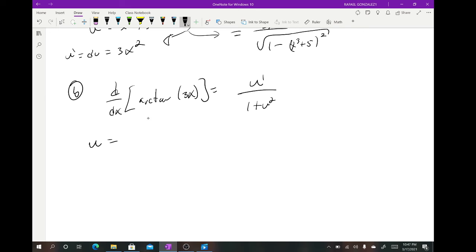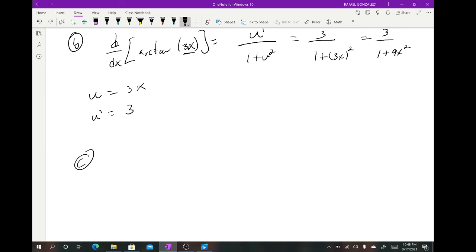Now, u here is 3x. U prime, the derivative of 3x, is 3. So that means that the derivative of arctangent of 3x is equal to 3 divided by 1 plus (3x) squared, which is equal to 3 divided by 1 plus 9x squared.